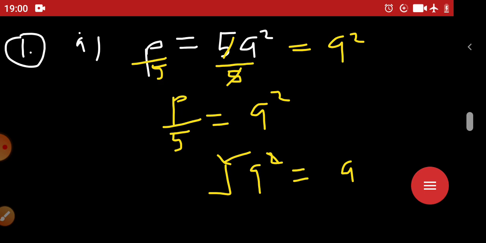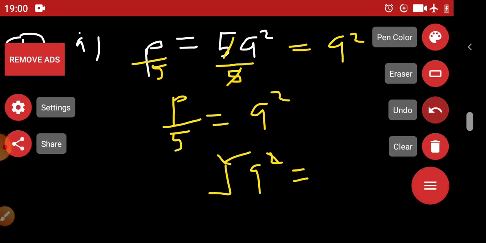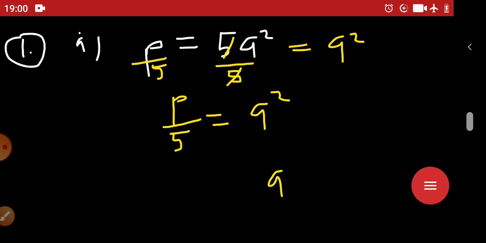So here the opposite of squaring is taking a square root. This goes even if you were given a to the power 3, a cube, so you will take a cube root. The opposite of taking a cube is taking a cube root.